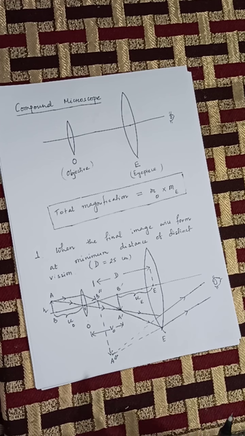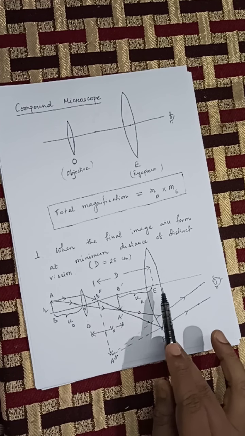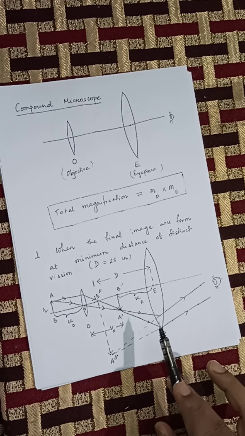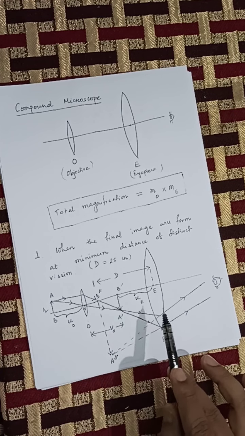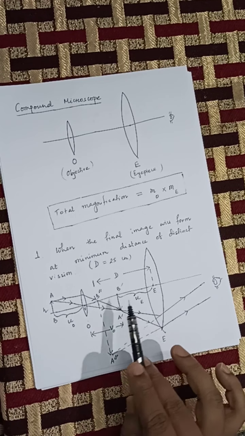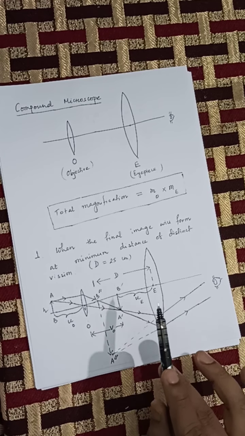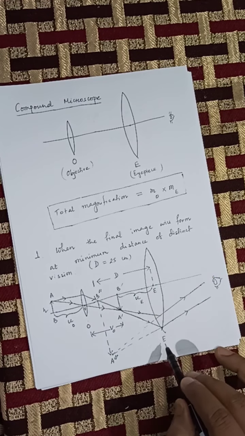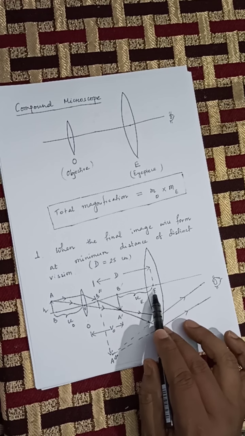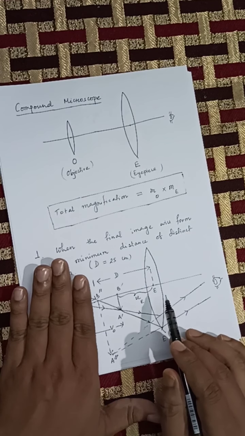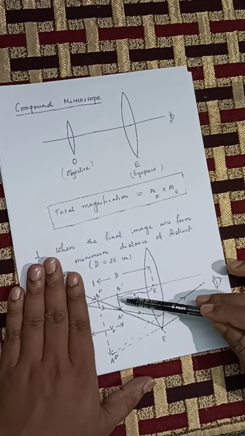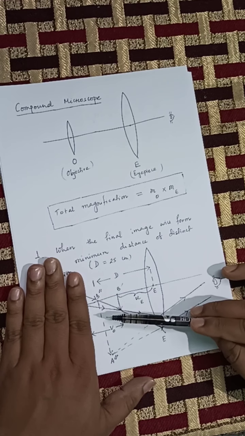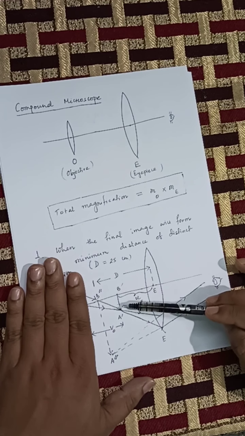In the simple microscope, for the near point image and the far point image, that is at the minimum distance of distinct vision and at infinity, we have already got the magnification for both cases. So now we can directly use that relation for the eyepiece. Now do not consider the objective lens for the moment. So for this, see, this eyepiece is forming an erect and magnified virtual image of A dash B dash, isn't it?